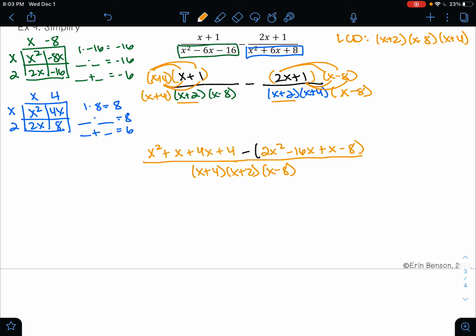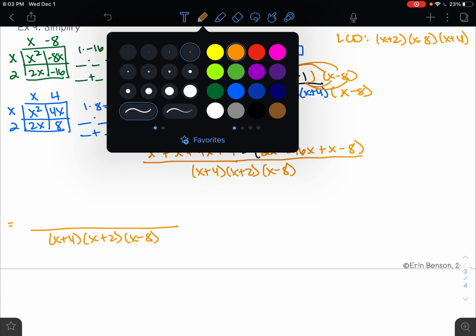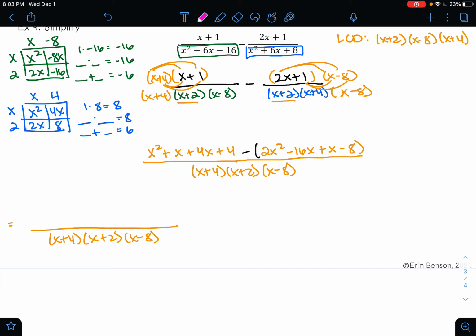So let's see what we have. My denominator is x plus 4 times x plus 2 times x minus 8. In my numerator, I'm going to have x squared plus 5x plus 4.